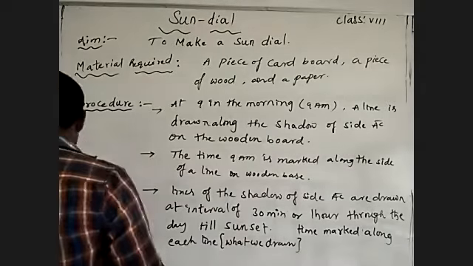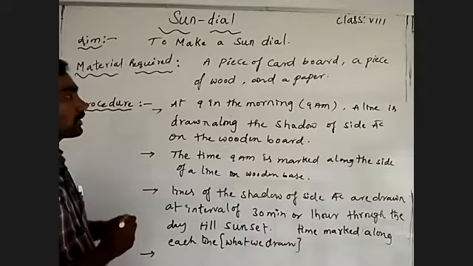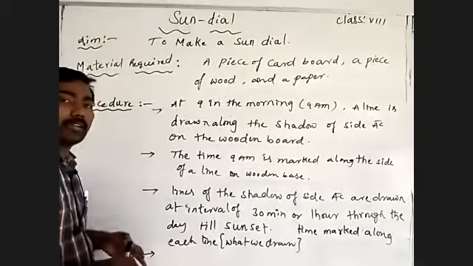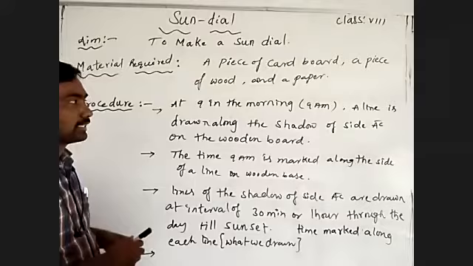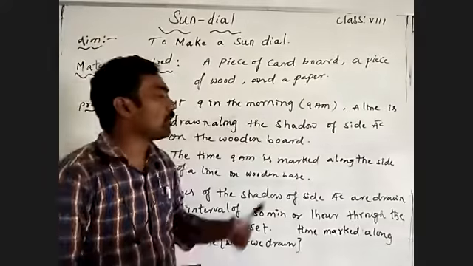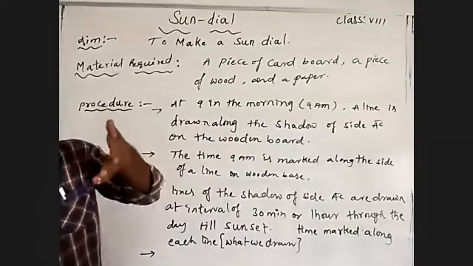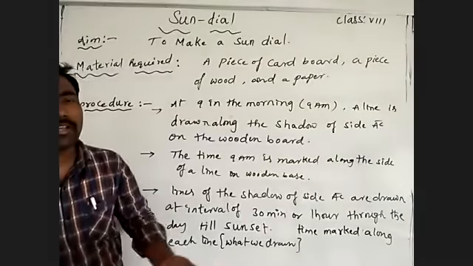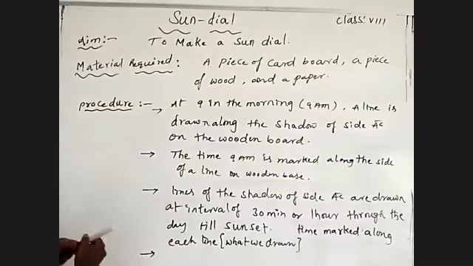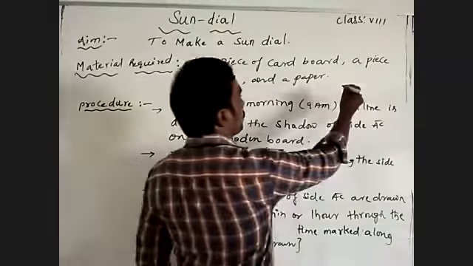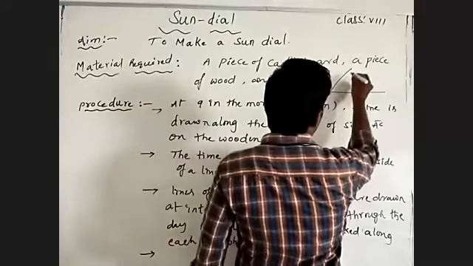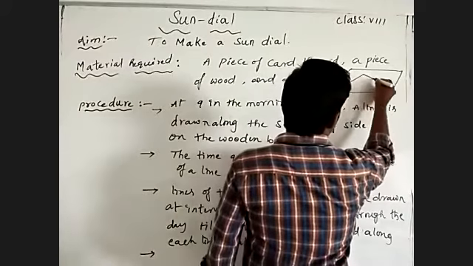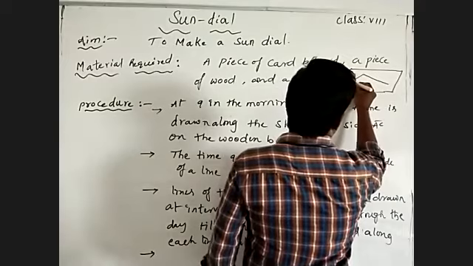Then, by drawing each and every line following the shadow of AC, at 9 in the morning we draw a line along the side of AC. See how it is. This is the wooden base, and this is a right angle triangle.